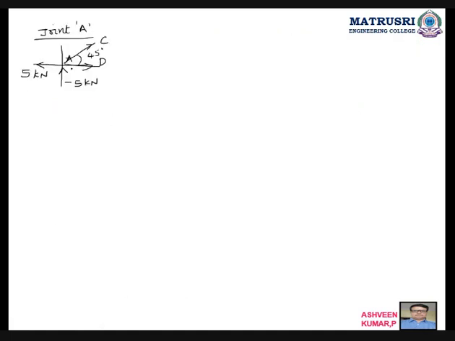Only unknown is now this one. If I go for sigma Fy or sigma Fx, anyone, you can get it. Say sigma Fy is equal to 0: upward, NAC sin 45 is also upward, minus 5 is equal to 0.